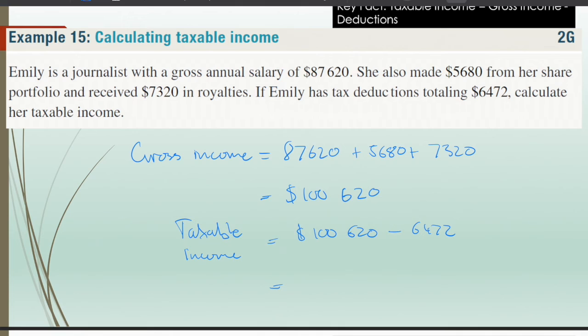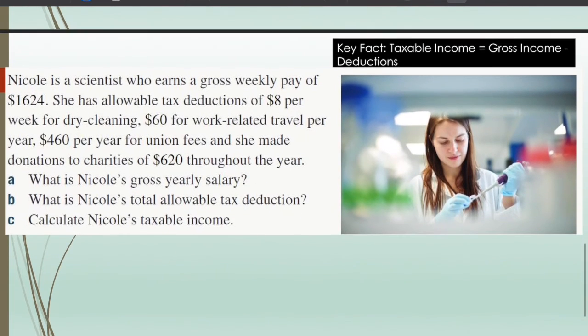I don't think this should be too difficult for any of us. Most of these questions are going to just simply involve addition and subtraction. In the interest of time, I'm not going to write out the statement Emily's taxable income is. But you guys can include that.